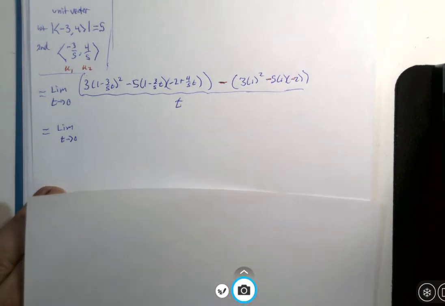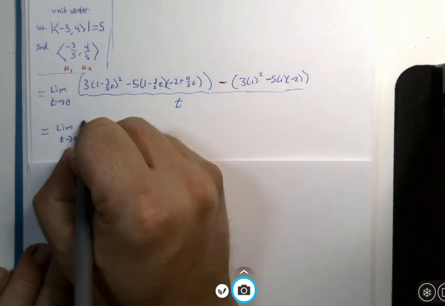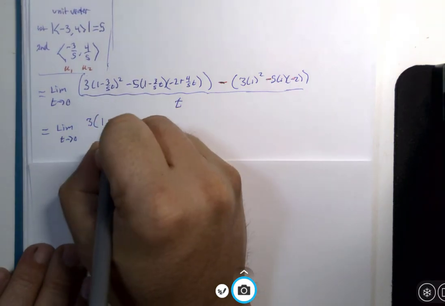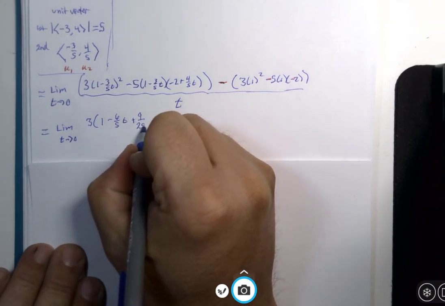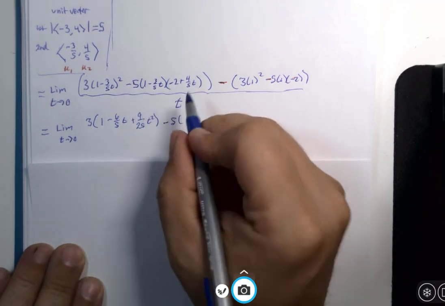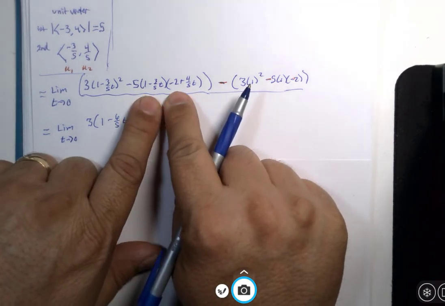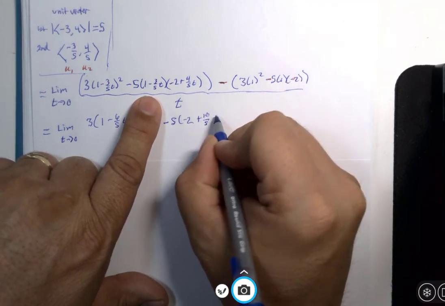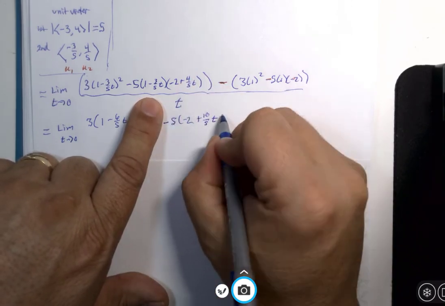Let's see what happens here, if I can make this work. 3 times 1 squared is 3, minus 6/5 t plus 9/25 t squared, minus 5 times 1 times negative 2 is plus 10, minus 4/5 t plus 6/5 t, which is 10/5 t. Yes, I know that reduces, but trust me for a little bit here. Minus 12/25 t squared.